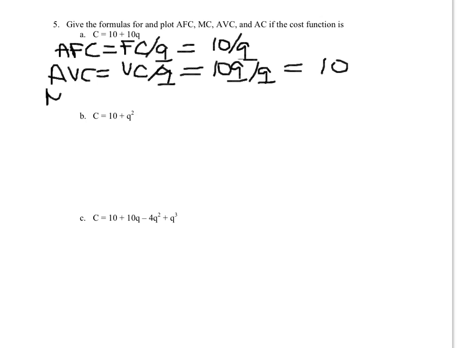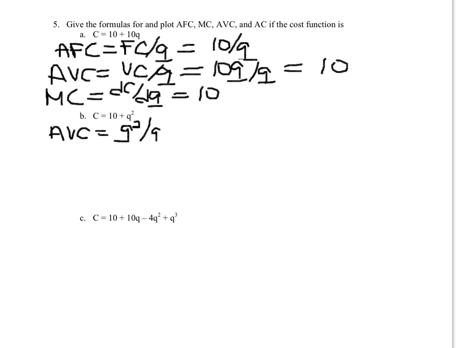The marginal cost is the derivative of the cost equation with respect to output. So that's going to be equal to 10. And then the average cost is going to be the summation of average variable cost and average fixed cost. And here we have average variable cost, for instance, will be Q squared divided by Q. So it's Q. Marginal cost is going to be equal to 2Q.